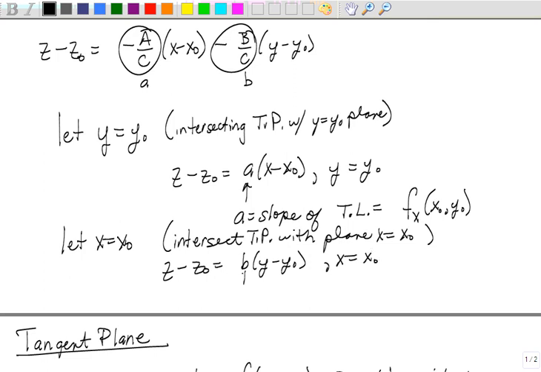And this is the slope of the tangent line, which is the first partial of f with respect to y at x0, y0.